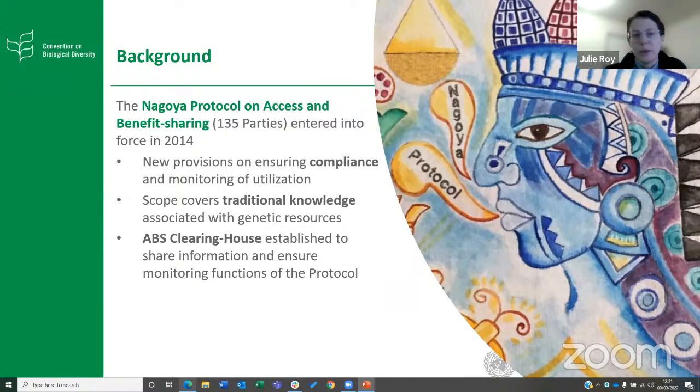The Nagoya Protocol did build on the provisions of the CBD, and it did establish, for example, the ABS Clearinghouse, which is our information sharing platform and really ensures a key role in monitoring the utilization of genetic resources after they leave the provider country.